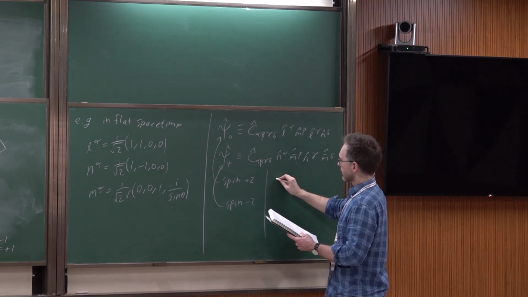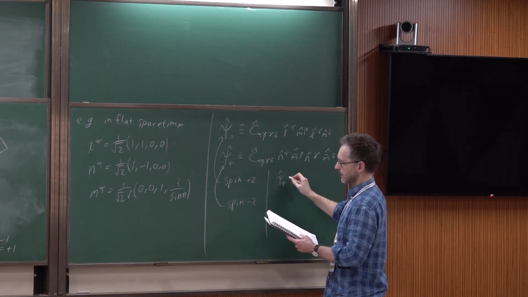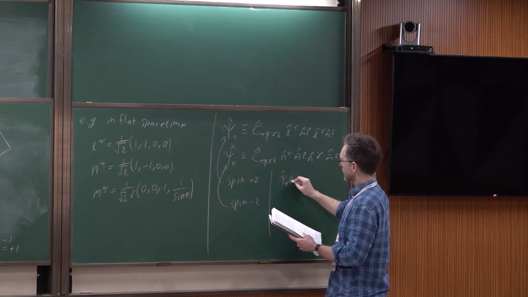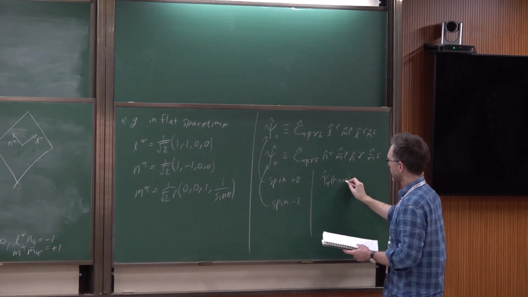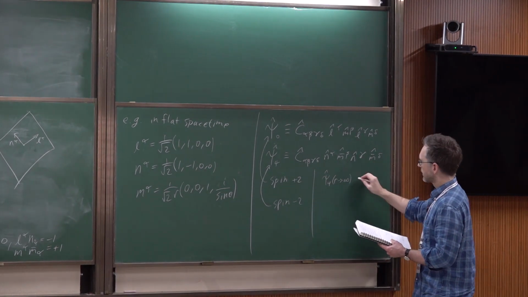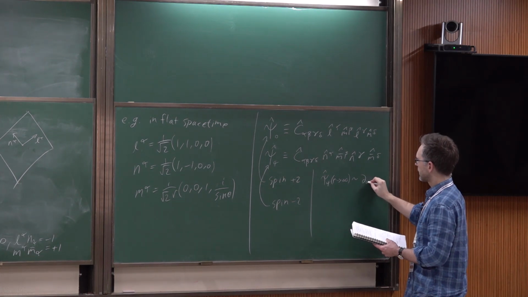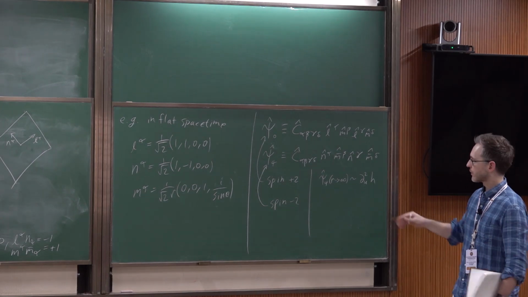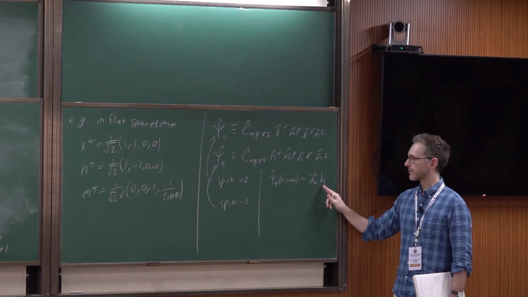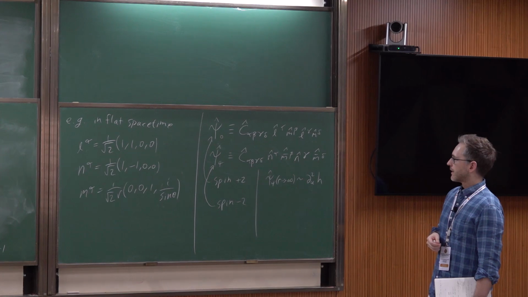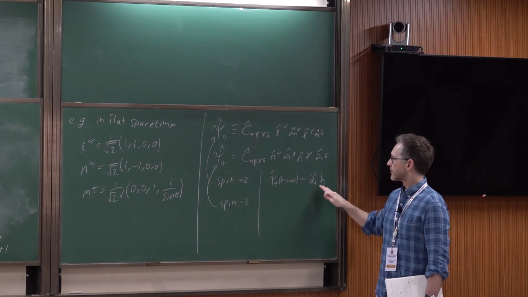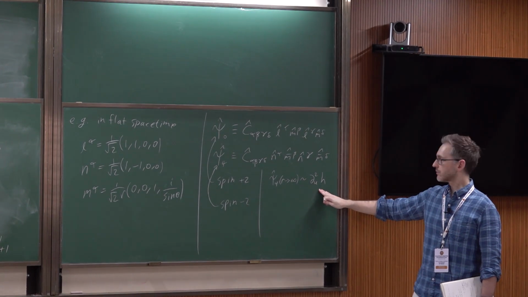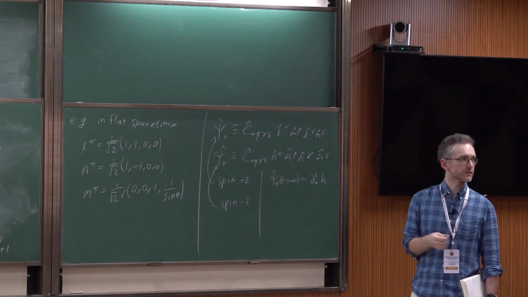So if we take psi 4 hat, as r goes to infinity along lines of constant u, this basically is the second derivative of the waveform. So here h is the strain. So psi 4 is directly related to the waveform. The waveform is basically 2 time integrals of psi 4.